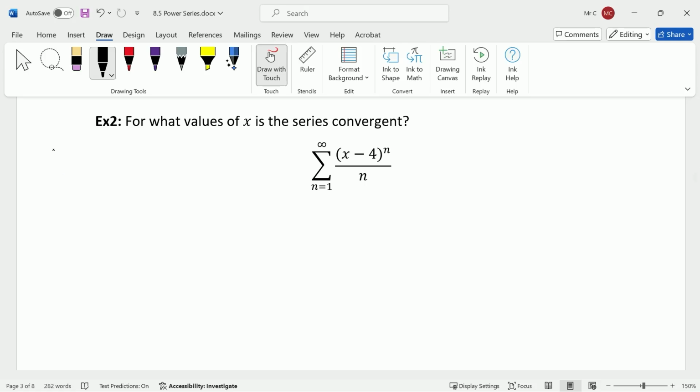So I'm going to take the absolute value of a sub n plus 1 over a sub n. So we're just doing our ratio test over and over again. So what do we get? x minus 4 to the n plus 1 power over n plus 1 divided by x minus 4 to the nth power over n.